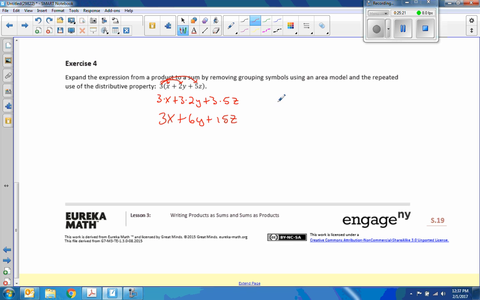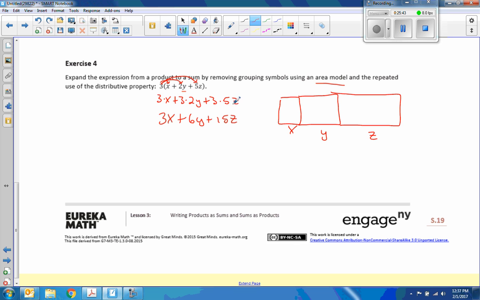Now if I were to do this as an array, or an area model, then I would have a rectangle to represent length x, a different sized rectangle to represent y, and a different sized rectangle to represent z.